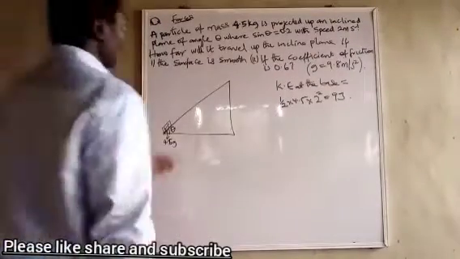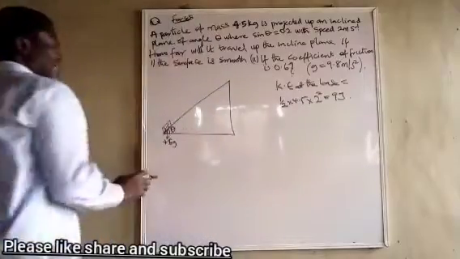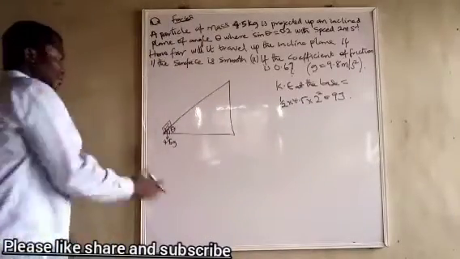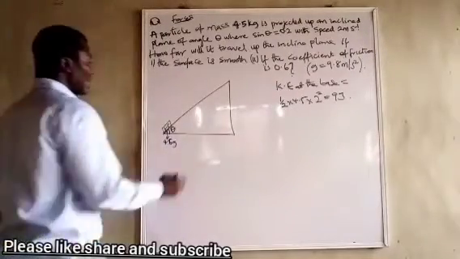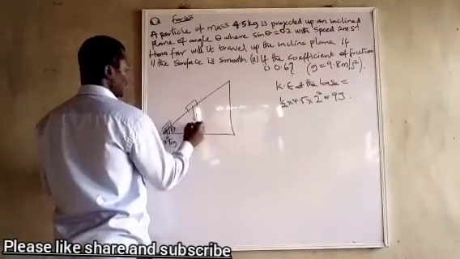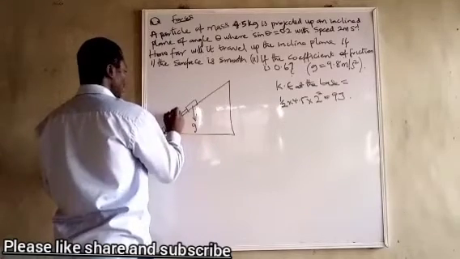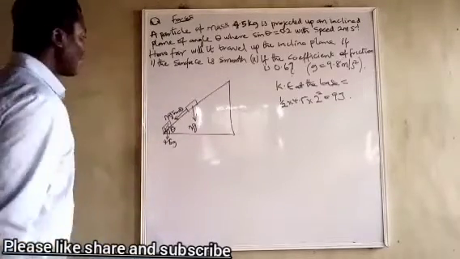Now we are told that there is a coefficient of friction, which is 0.6. Which means that in addition to the component of the weight that comes down, we have a frictional force added to it. And how does this one act? If this is the body here, the component down the slope is mg sine theta.